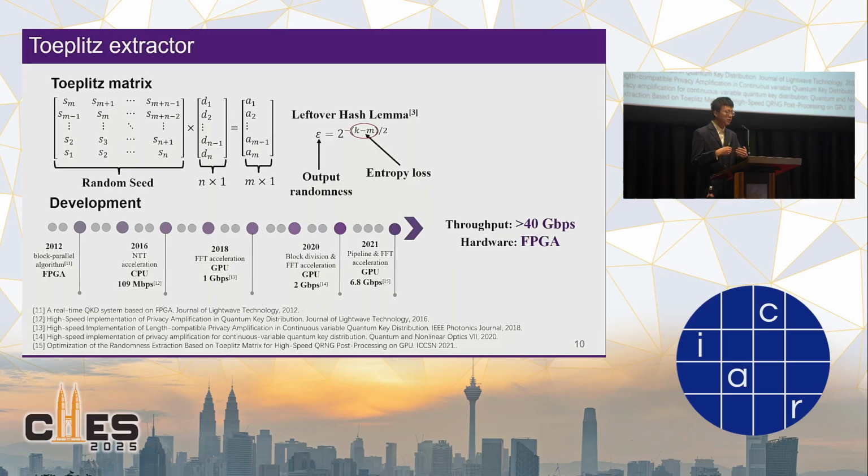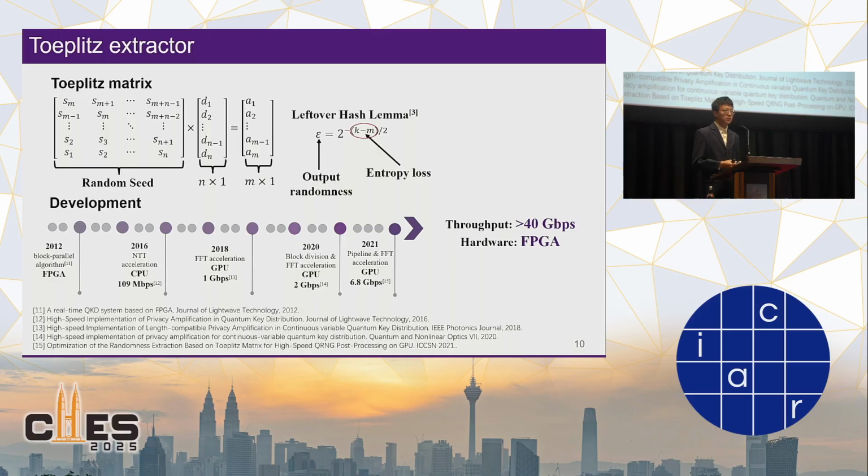We can use a safety factor epsilon to denote the statistical distance between the output and the uniformity, which equals 2 to the power of (m minus k) divided by 2. M is the output length, k is the min-entropy of the input. So we can see k minus m is the entropy loss of the extractor.